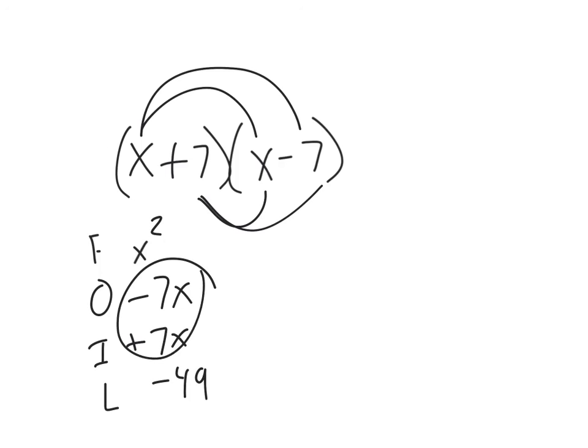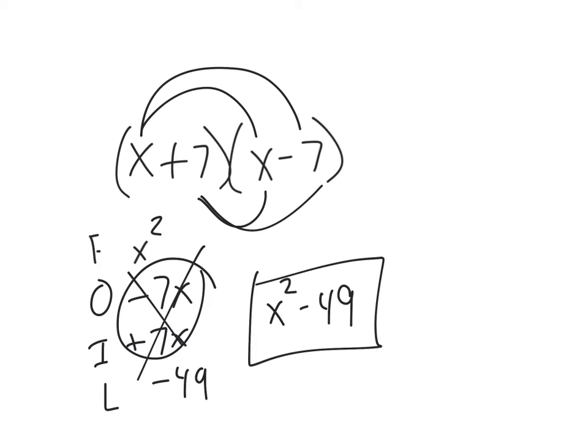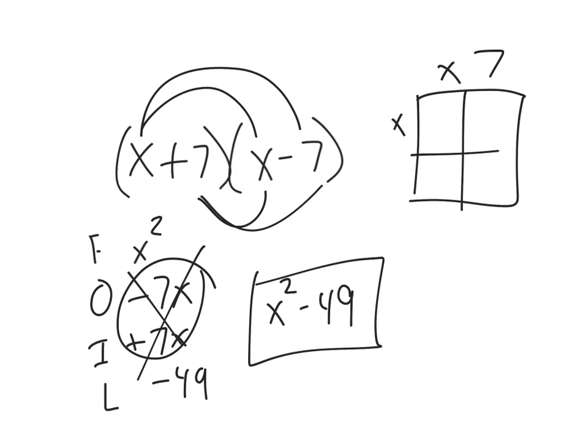What's going to happen here? They're going to cancel. So I only have two terms. So like I said, usually it's going to be a trinomial, but in this case, it's only a binomial because these two are gone. What does that look like in a Punnett square? Same thing.